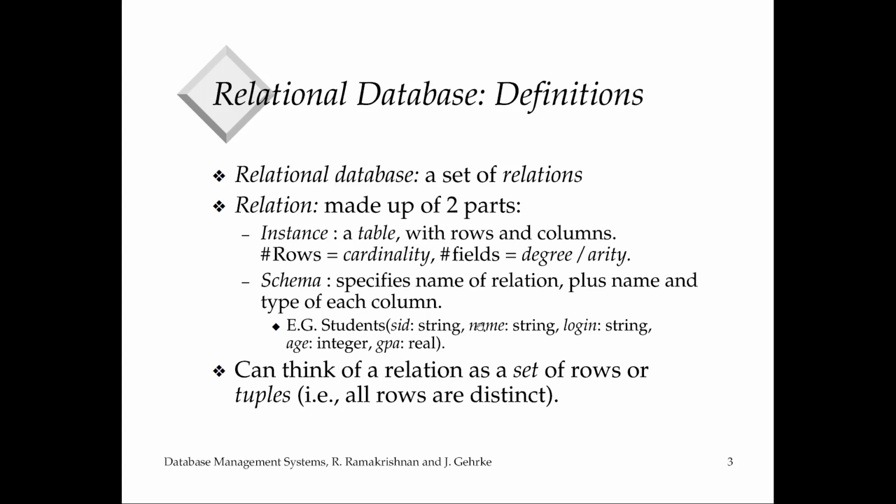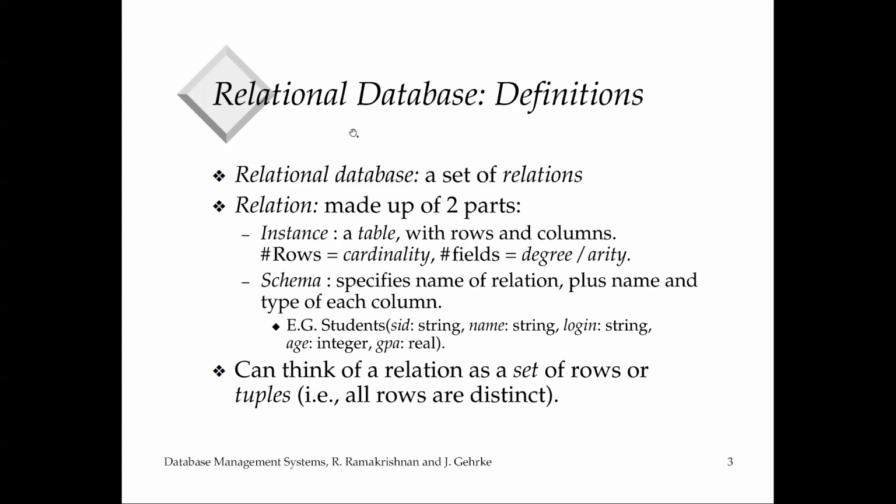You have the student ID, which is a string, the name, which is a string, the login, maybe the username, which is also a string, and the age, which is an integer, and the GPA is a real number. So it's essentially a floating number.